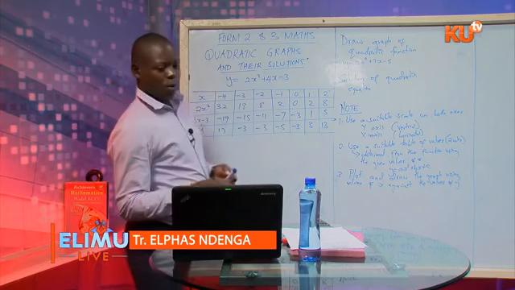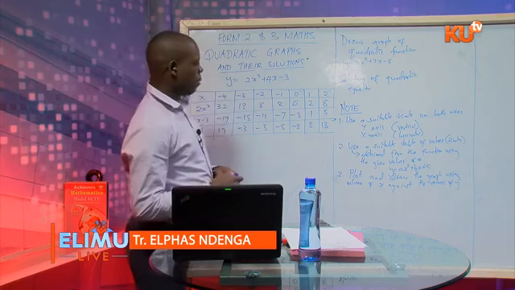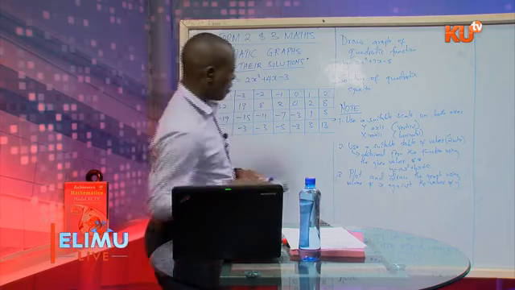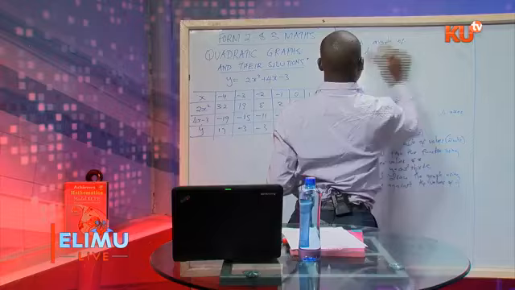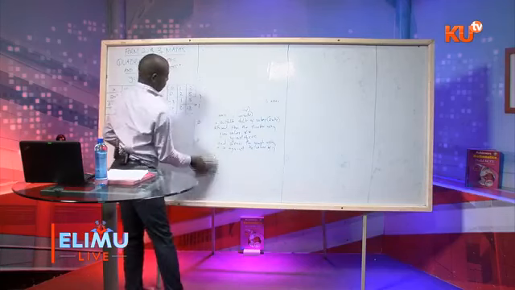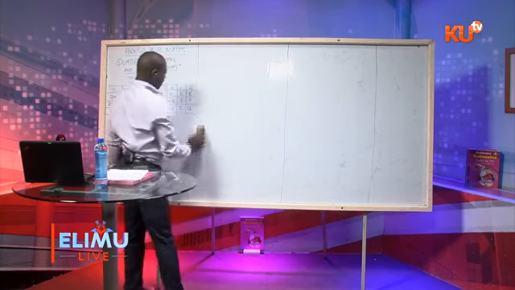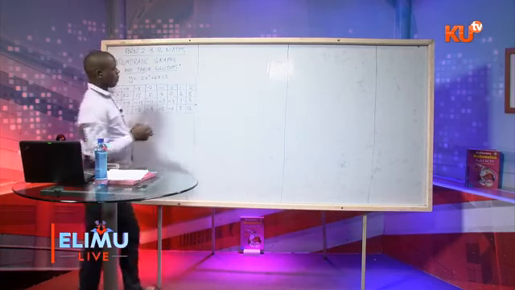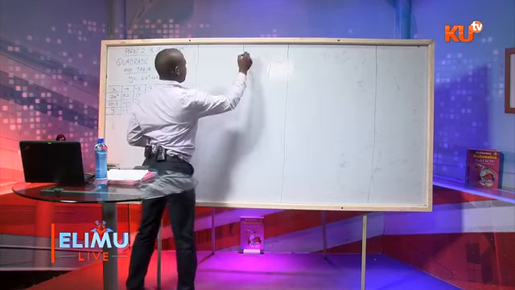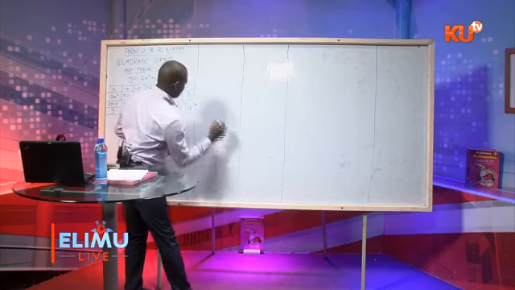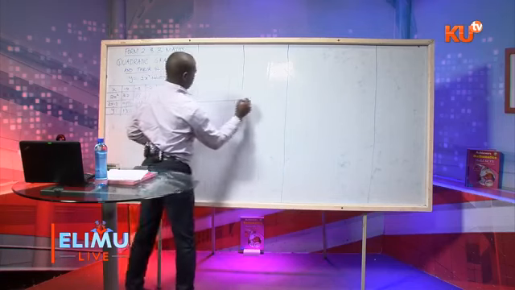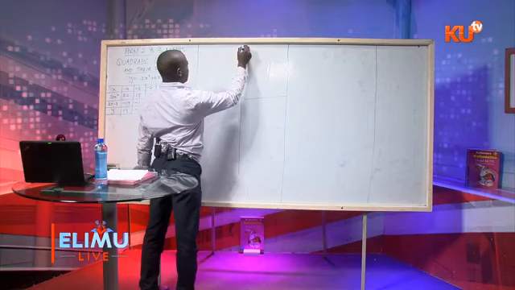So once we have this, then we draw the table, we draw the graph. So how will you draw the graph? We are saying the first thing is to draw the x and the y axis. So we'll draw the y axis and the x axis.